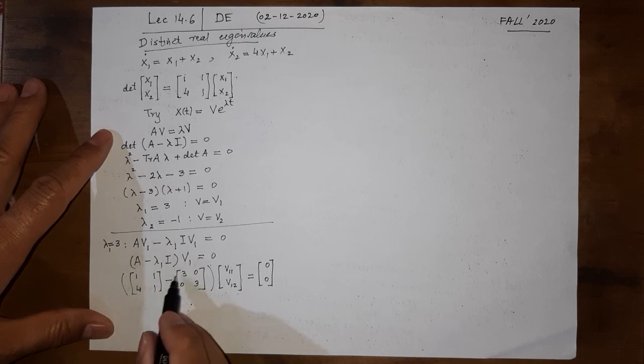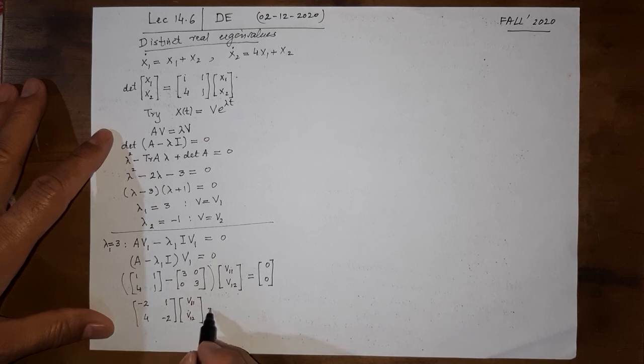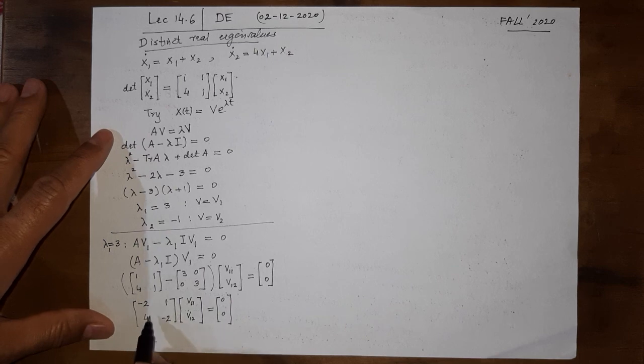So what do we get here? 1 minus 3, which is minus 2, 1 minus 0, which is 1, 4 minus 0, which is 4, 1 minus 3, which is minus 2. If you closely look at this, you will see that these values and these values are dependent on each other by a scalar multiple.